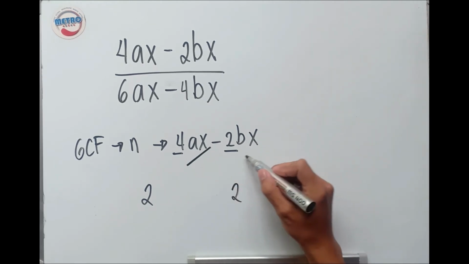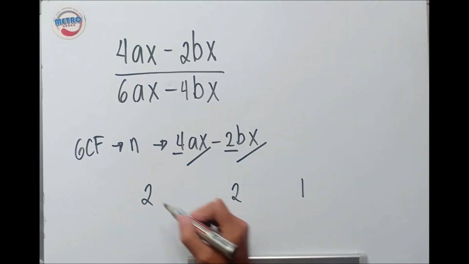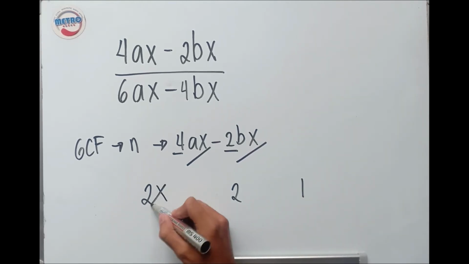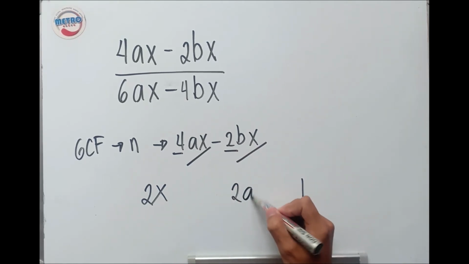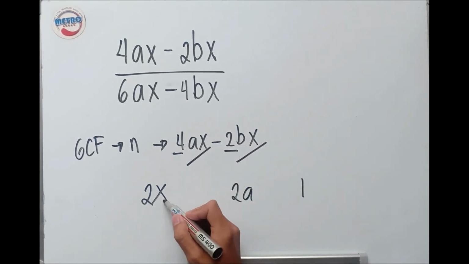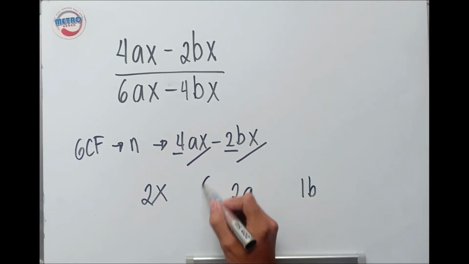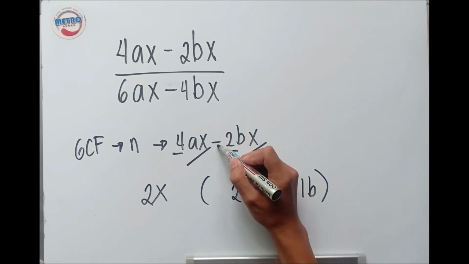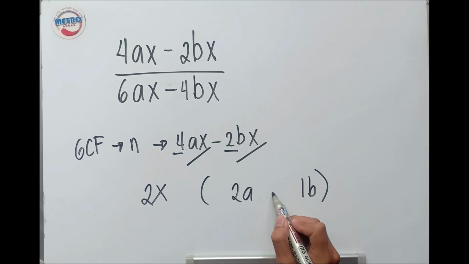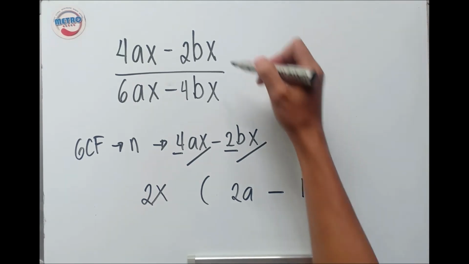For ax and bx, they have a common factor of x. So let us write here x. Then ax divided by x is a. bx divided by x is b. Then we're going to put this inside the parentheses, and then we're going to copy the sign, that is negative. Then, this will be the factored out form of our numerator.